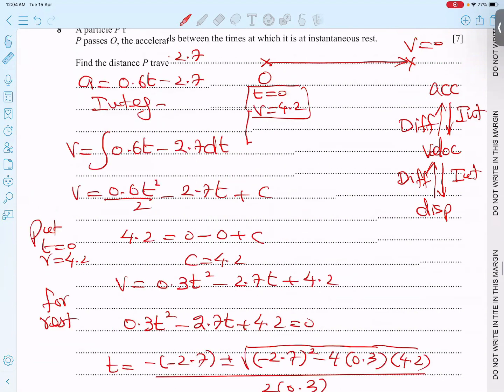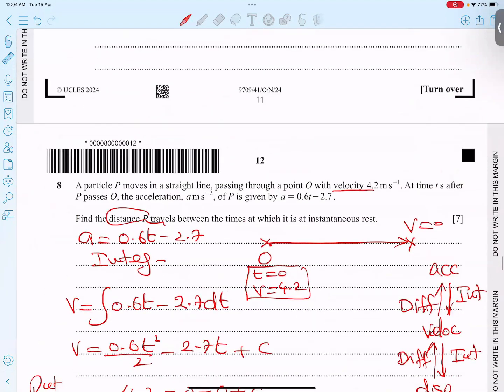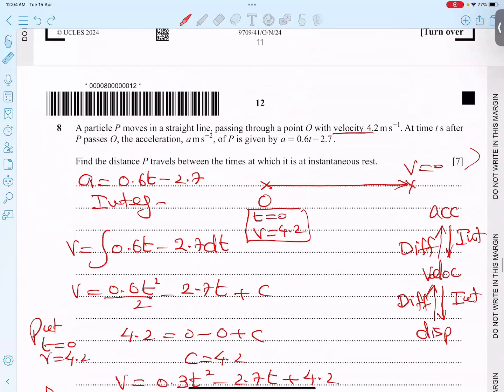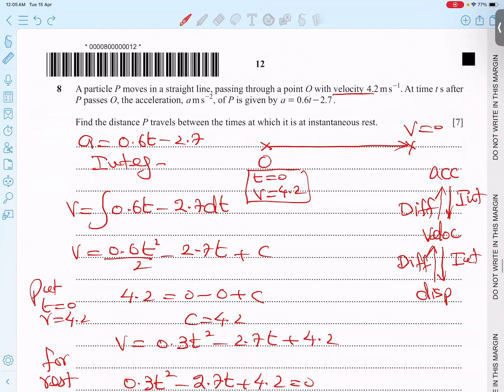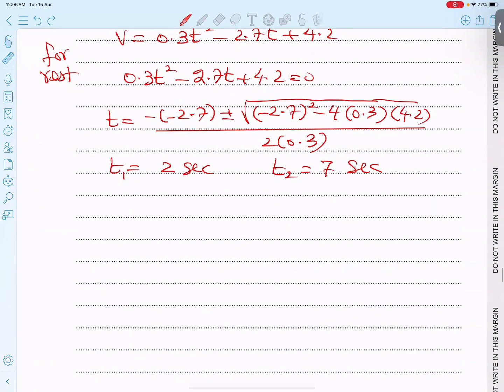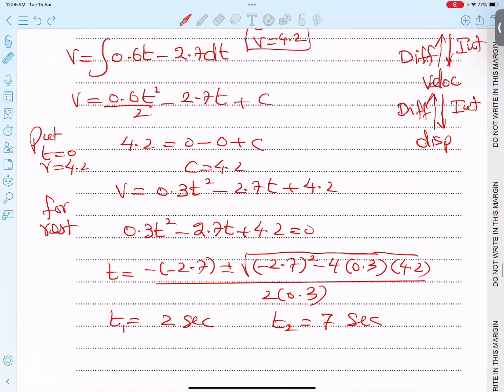But what is it asking for? Find the distance traveled between these 2 points. So now, a very important 7 mark question, and I tell you a very important thing which may affect the answer. You have to be careful, especially when the particle stops in the middle, and maybe there are two possibilities. We have to sketch this diagram, though he's not asking.